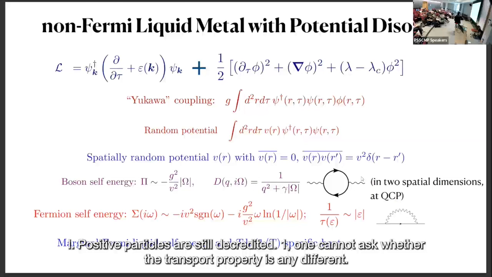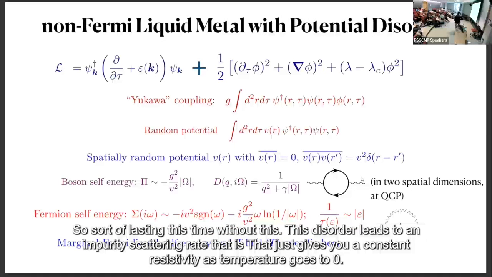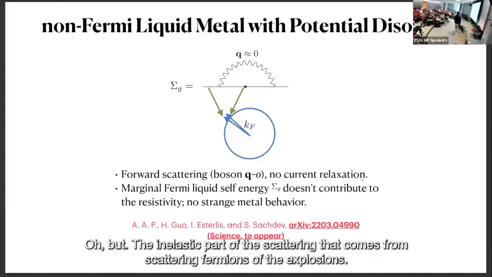One can now ask whether the transport properties are any different. The first thing is that this disorder leads to an impurity scattering rate that just gives you a constant resistivity as temperature goes to 0. But the inelastic part of the scattering comes from scattering fermions off these bosons.